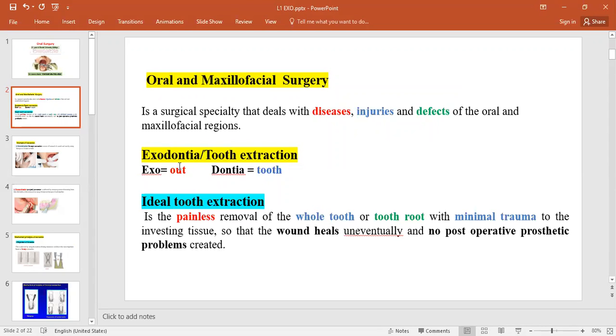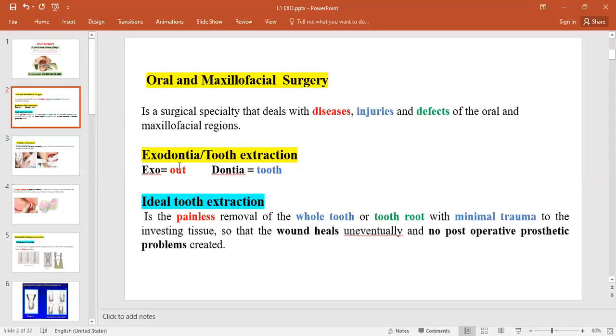Extraction is traumatic. However, the dentist or the oral surgeon must do his best to leave the area least affected by a traumatic procedure. When you do it with minimum trauma, there will be easy and quick wound healing and no post-operative prosthetic problem.